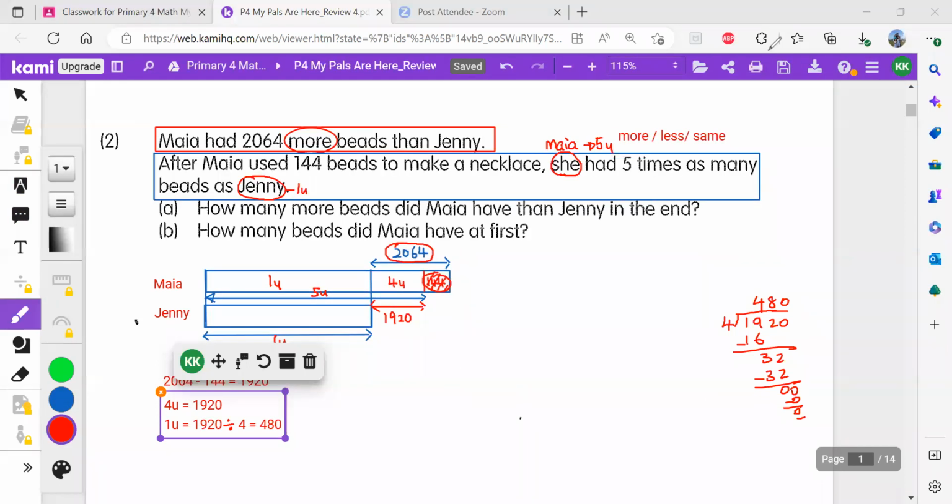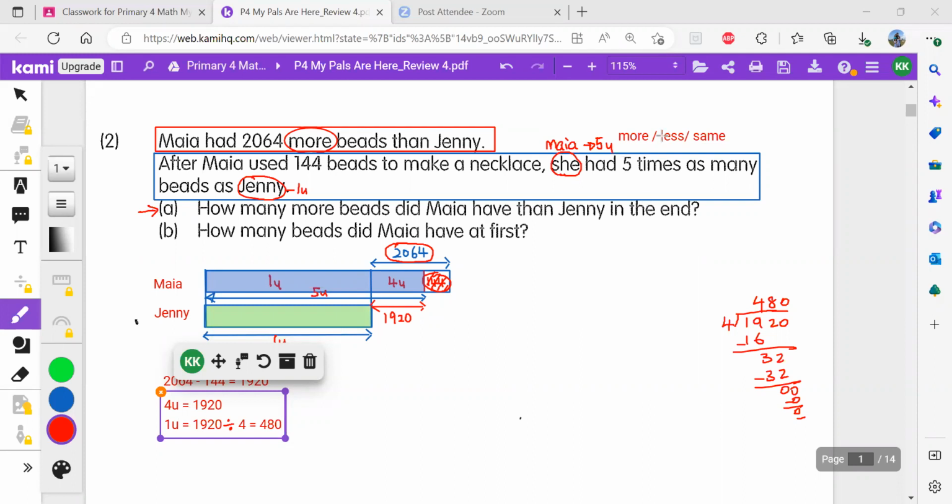What are they looking for? Question A. How many more beads did Maya have than Jenny in the end? In the end, Maya has this number of beads. In the end, Jenny has this number of beads, because Jenny didn't spend any beads at all.